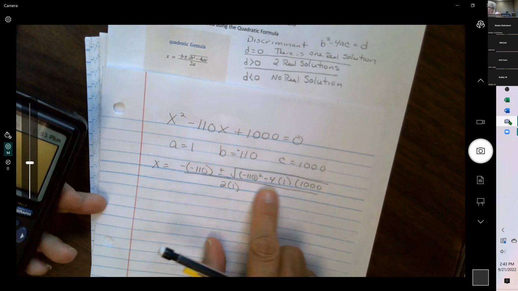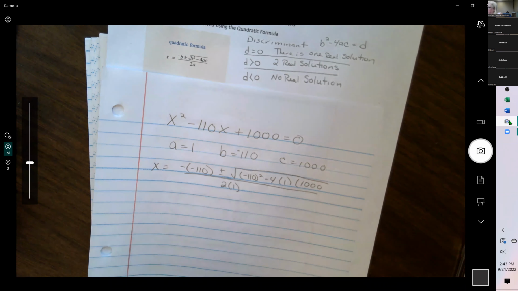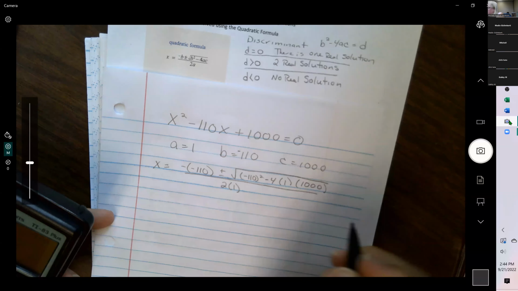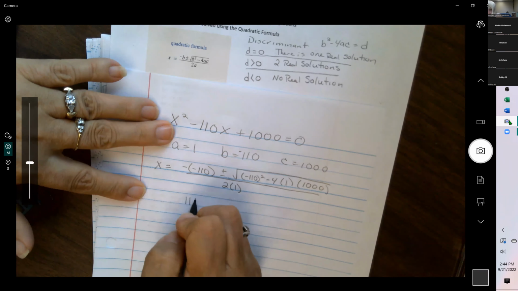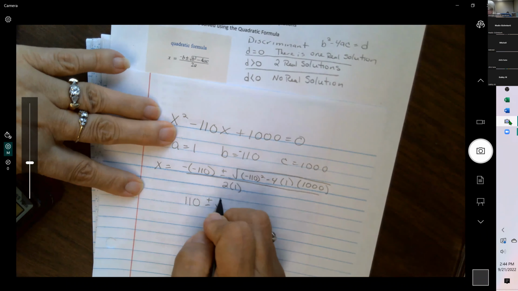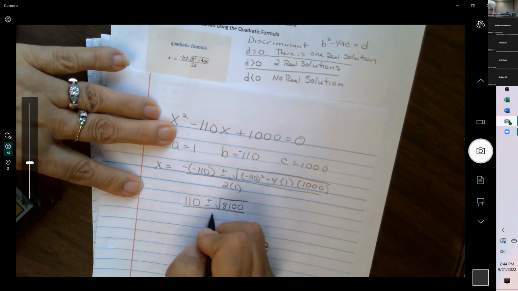First thing we do is calculate the discriminant. 110 squared minus 4 times 1 times 1,000. Negative and negative's a positive. Plus or minus the square root of 8,100 over 2.